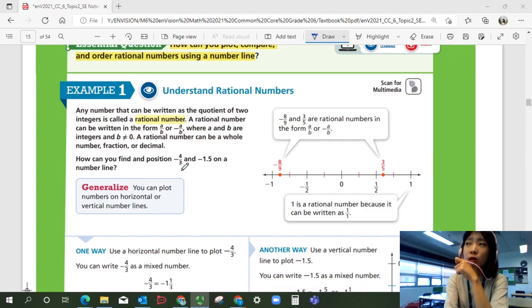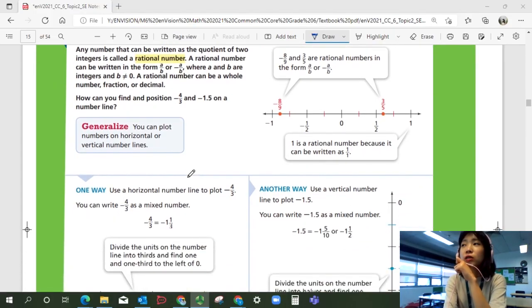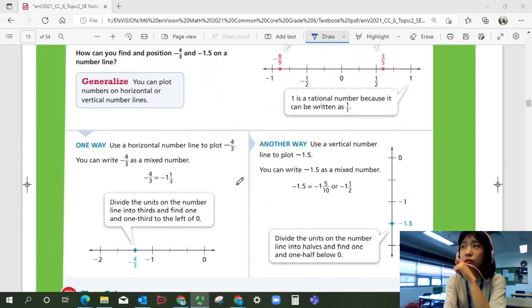So let's come back to negative 4 over 3 and negative 1.5. How would you find a position on their number line? You know they're negatives, so you know on the horizontal number line, they would be on the left side of 0. One way is to use a horizontal number line to plot negative 4 over 3. And you can write negative 4 over 3 as a mixed number to see which two integers it is between.